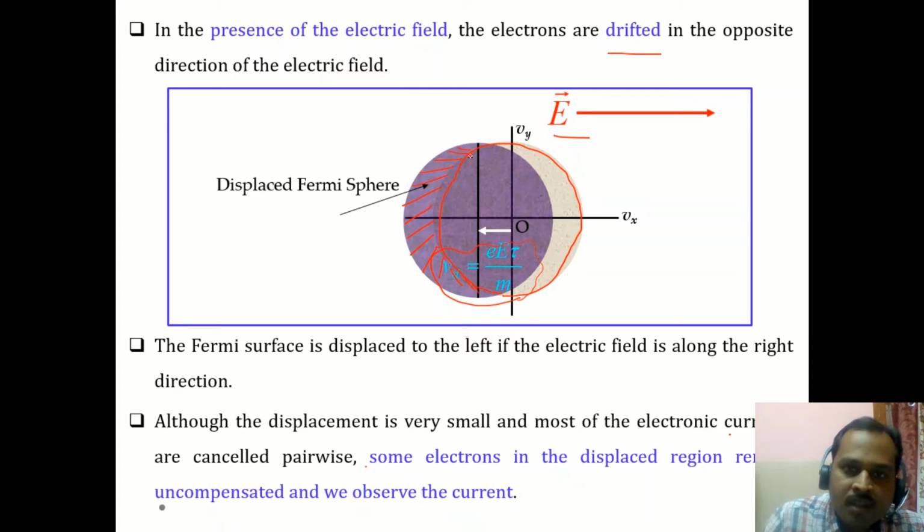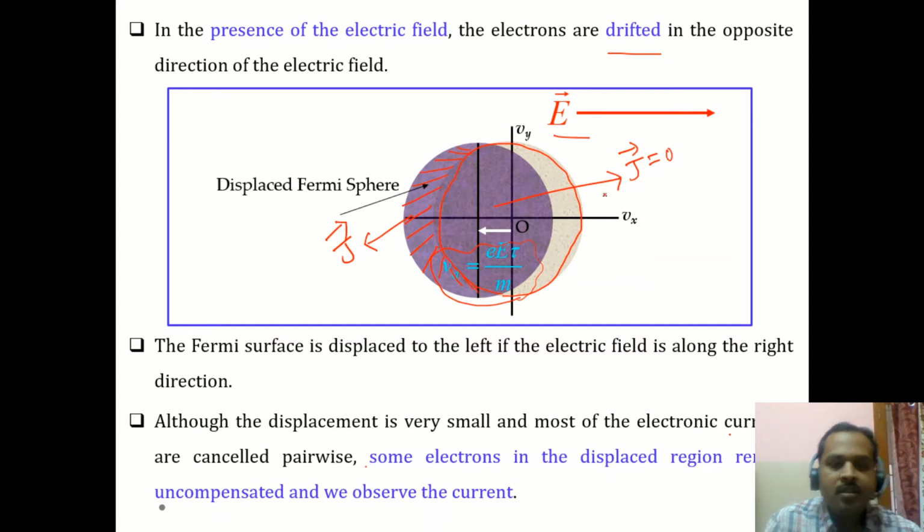Whereas the current contributed by the velocities present in this shaded region is not compensated. So they are uncompensated and they give rise to the current, whereas the electrons here do not contribute anything to the current.